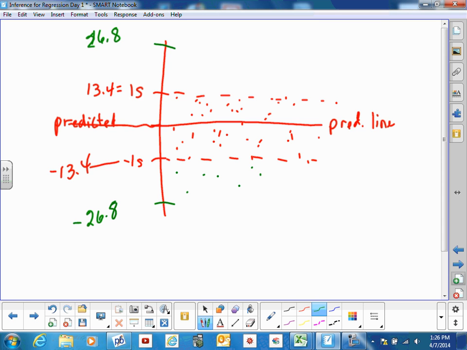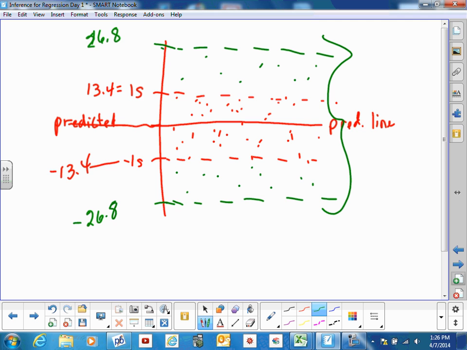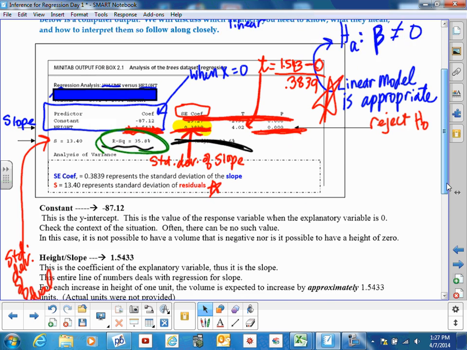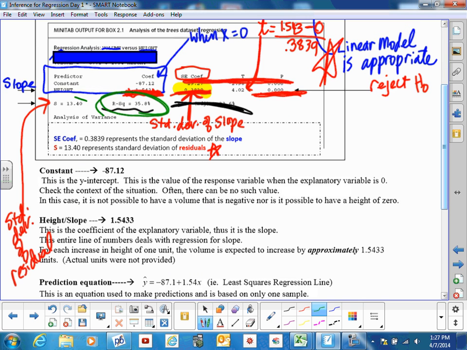We start getting less, but it makes a total of how much between two standard deviations out? 95% of all the actual data are within two standard deviations of the predicted. We'll get more into that tomorrow, but I want you to just make sure that you can identify that this is the standard deviation or the standard error of the residuals.